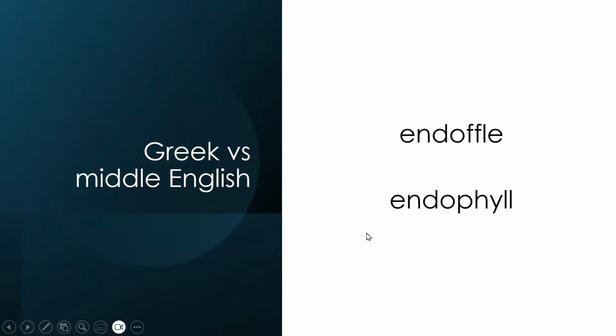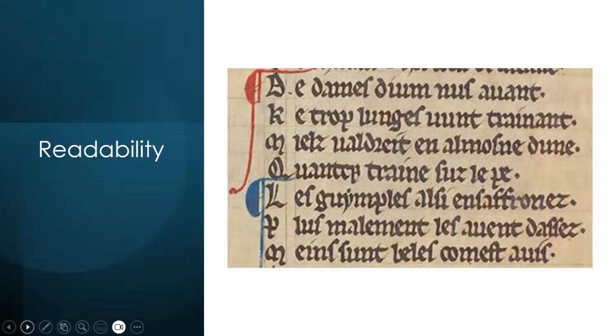While this one, endo, means within, endoskeleton versus exoskeleton. All this pronunciation, stress pattern, and meaning is embedded in the spelling pattern. And I see this even though these are not real words.